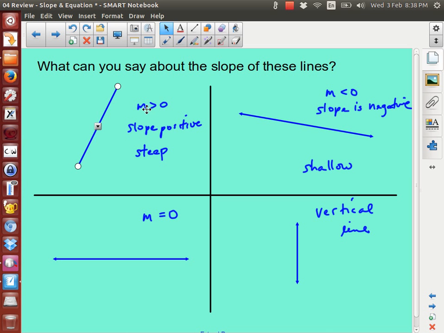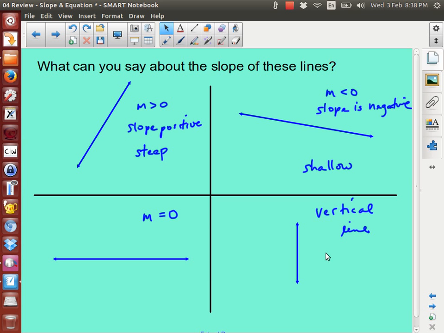It would still be positive, and it would be even steeper, which would mean that the number for m would have gotten larger. And I tilt it some more, and it's even steeper, and the number for m has gotten larger. So what's the actual largest value that m could take on?